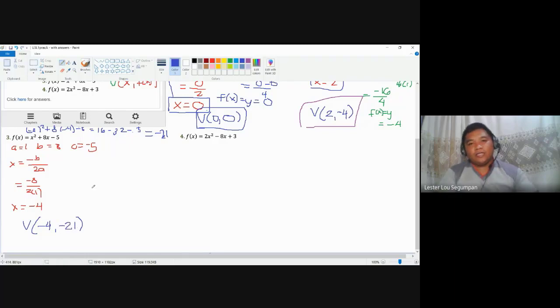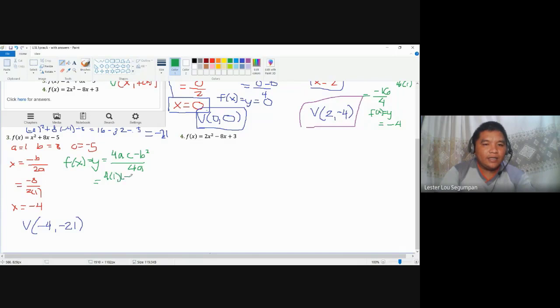But that is for the second scenario. Let's still use the first scenario here just for reference. F of x is equal to y, which is equal to 4ac minus b squared over 4a. So you have 4, your a is 1, your c is negative 5, minus 8 squared over 4 times 1.